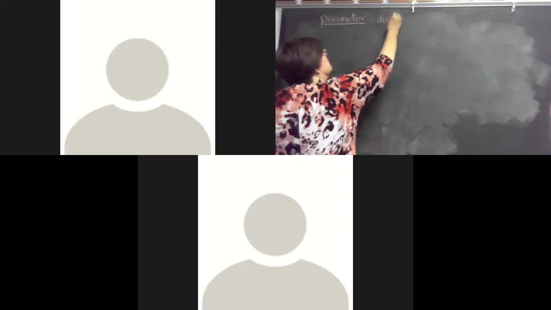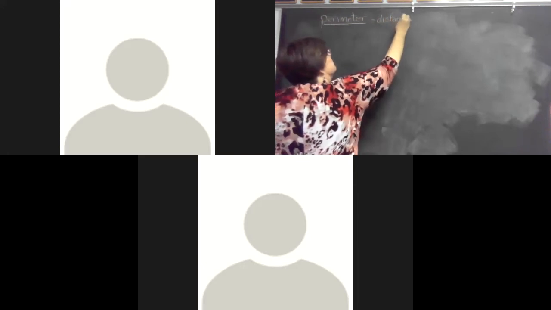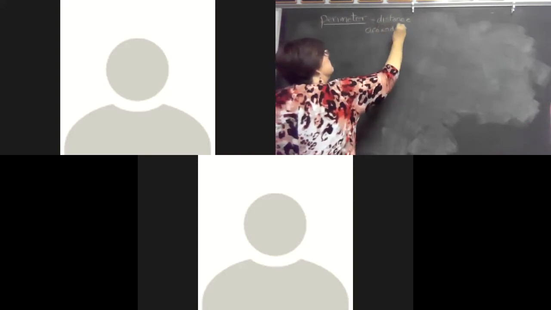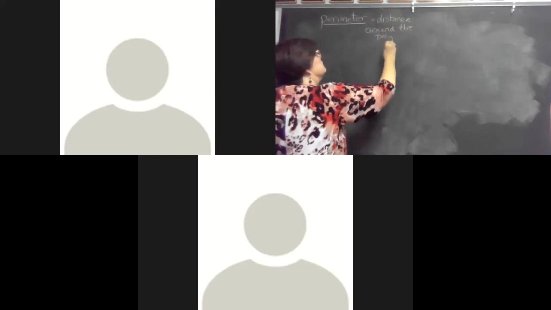Distance around the polygon. Now we're going to be finding the distance around the polygon, and when we do these examples, we're also going to find the area of these polygons.